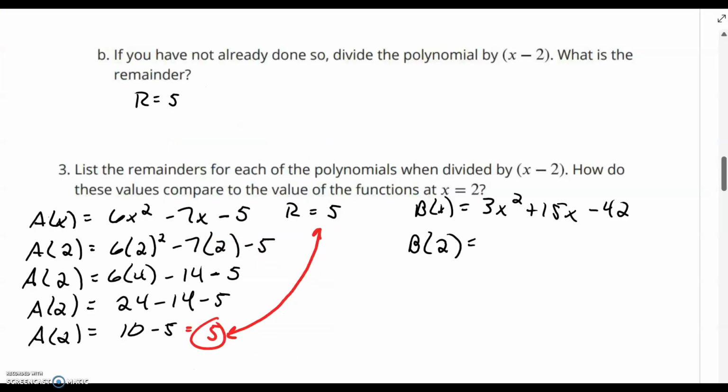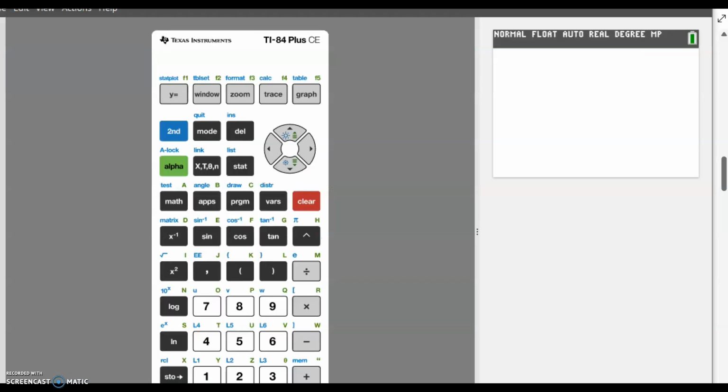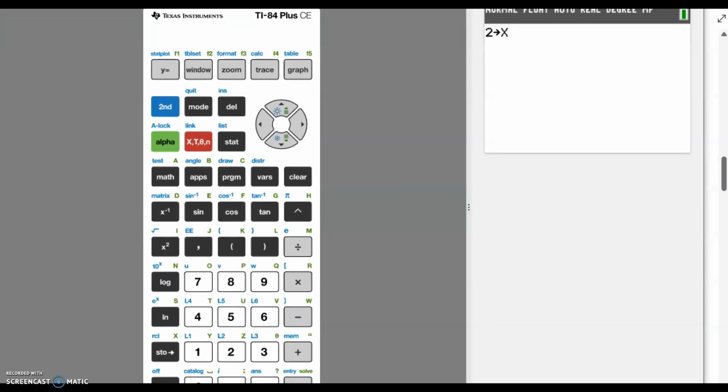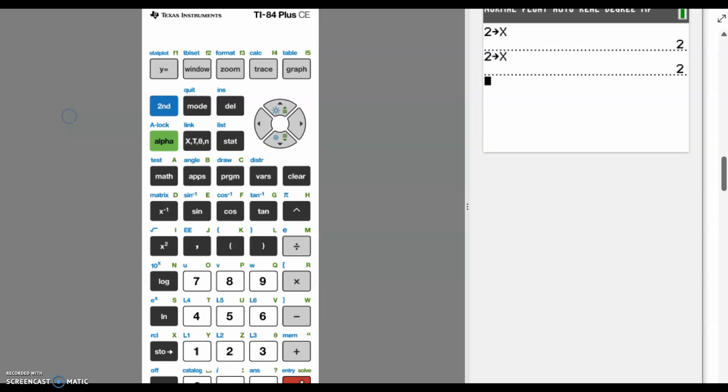Bear with me while I get this figured out. Okay, so there's my graphing calculator. Now what I can do is I can take 2 and I can store it as my x value. Then I hit enter. Now I have my x value stored as 2.